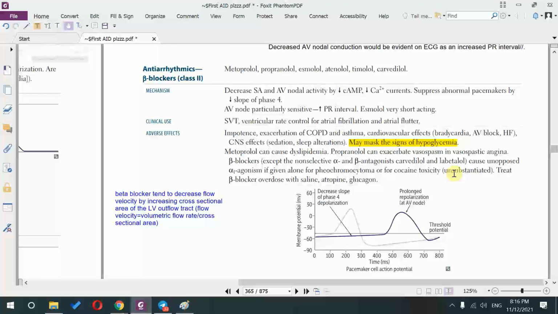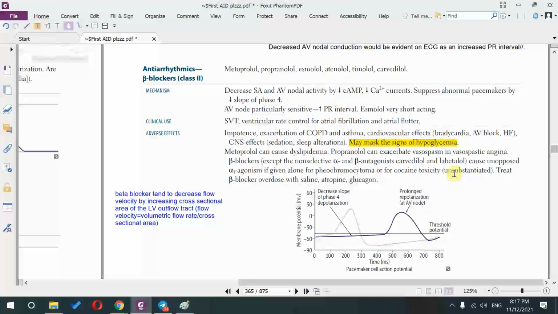Beta blockers, except for the non-selective alpha and beta antagonists, carvedilol and labetalol. Remember that labetalol and carvedilol are different. These work at both the alpha and the beta. They can cause unopposed alpha-1 agonism if given alone for pheochromocytoma or for cocaine toxicity.